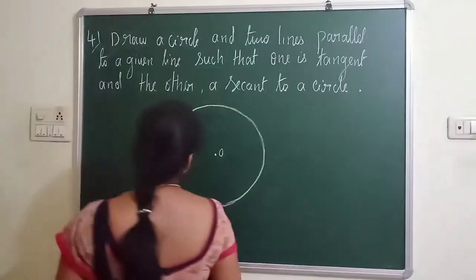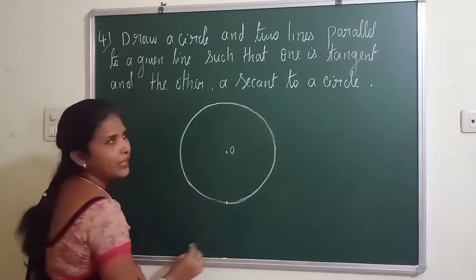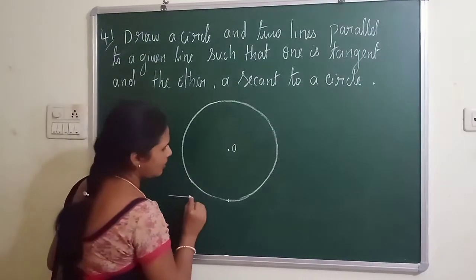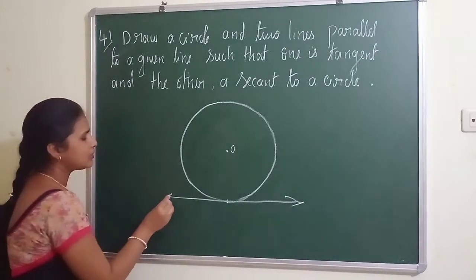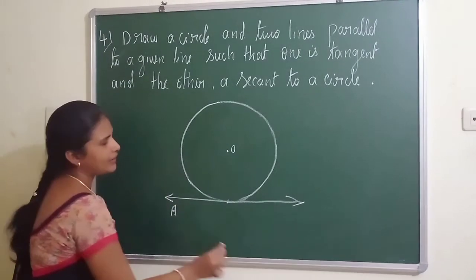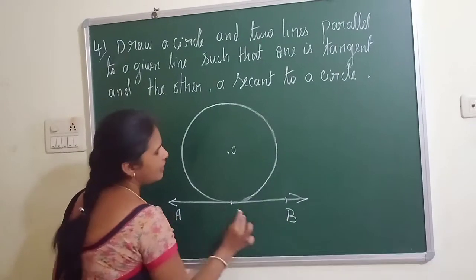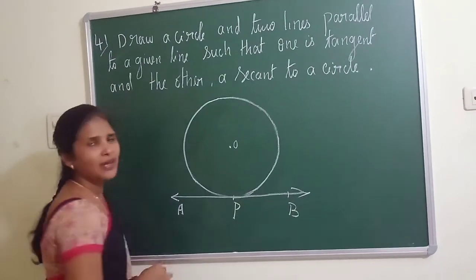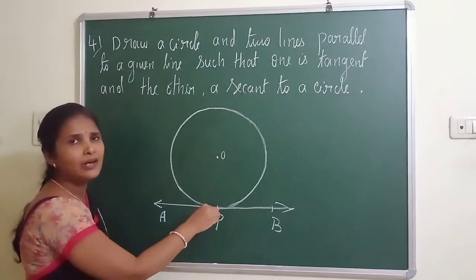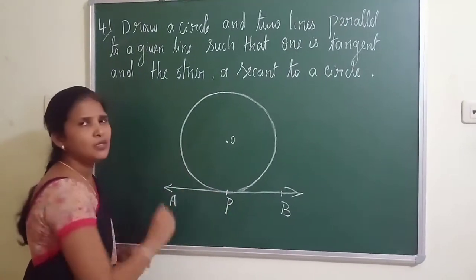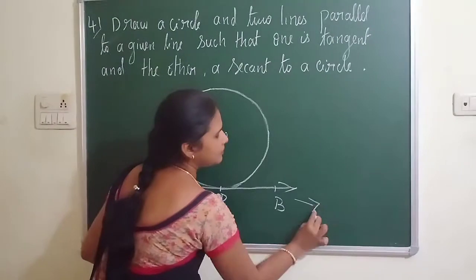other. So if I take the point of contact here, let me draw a tangent. So mark it as tangent AB, which meets at a point P. I can tell this is a tangent because the meeting point is only at one point, that is P. So I got a tangent.